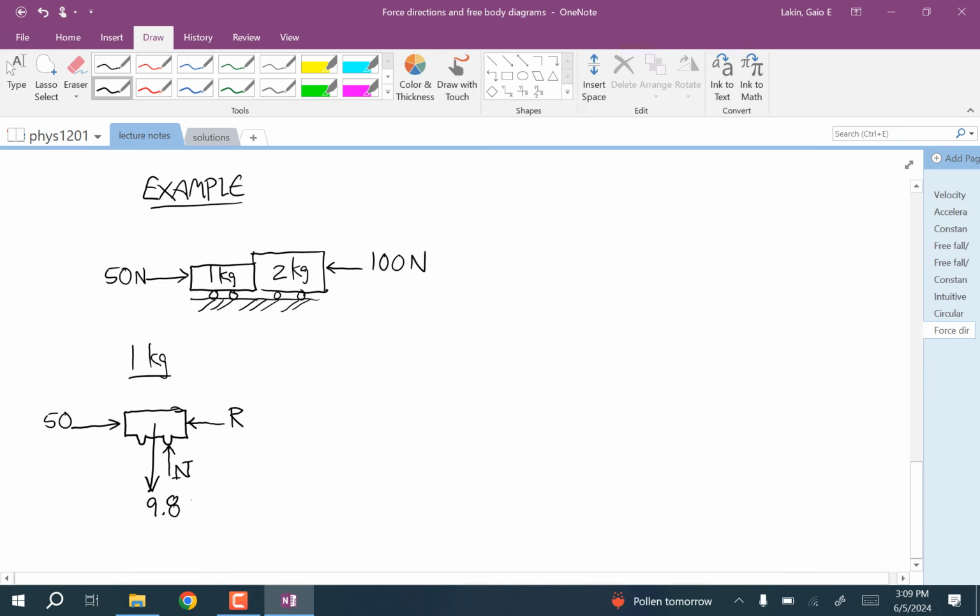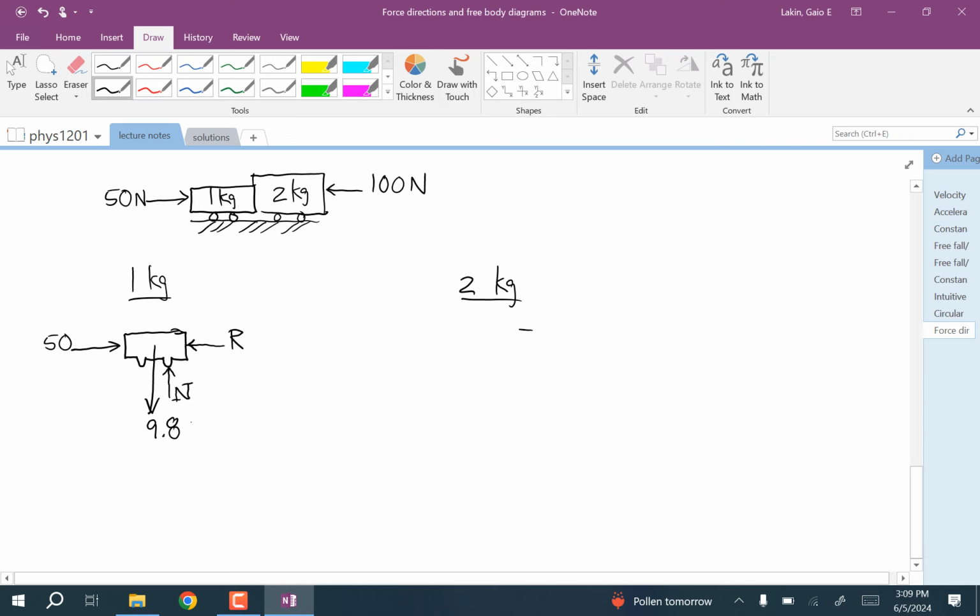And now let's think about the free body diagram for the 2 kilogram cart. There's a weight force acting down. So that's 19.6 newtons.